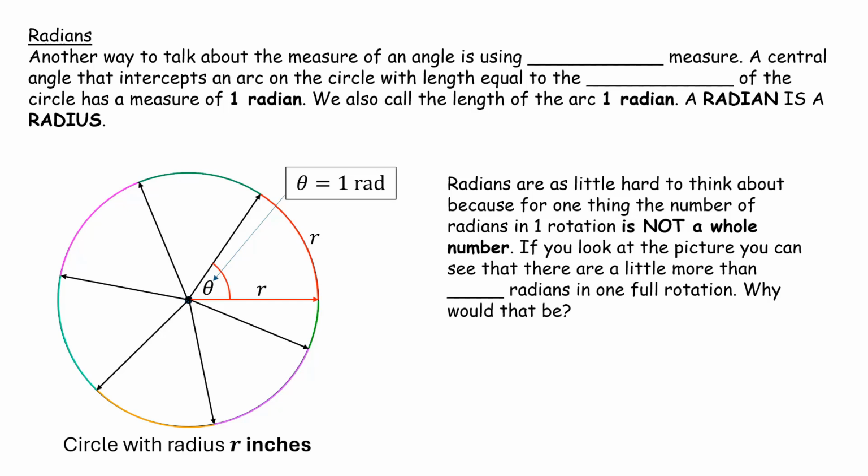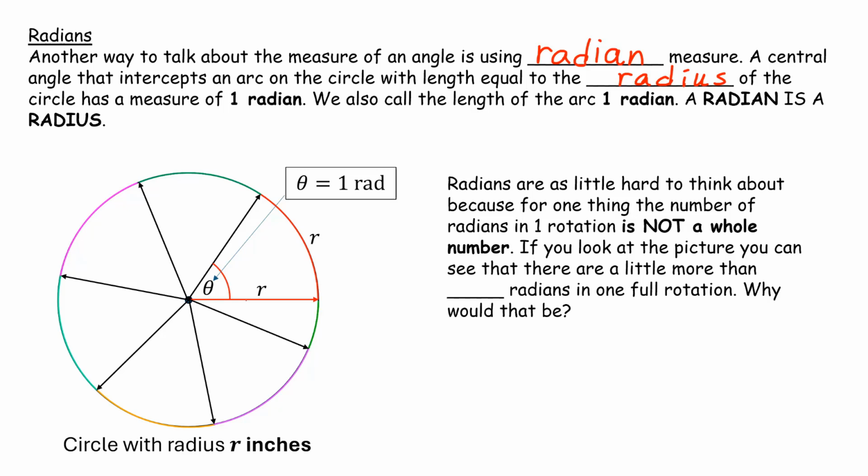Okay, another way to talk about the measure of an angle is to use radian measure. A central angle that intercepts an arc on the circle with length equal to the radius of the circle has a measure of 1 radian.